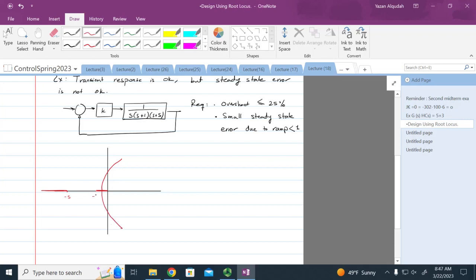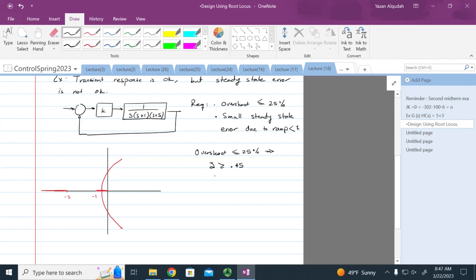This is -1. Okay. So we want an overshoot that is less than 25%. From the overshoot, we can get the value of zeta that we need to operate at, and zeta is going to be greater than or equal to 0.45.